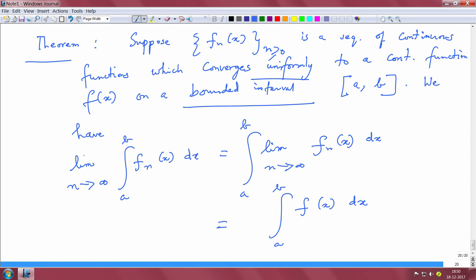Recall in one of the earlier examples when I took the integral of a continuous function and took the limit of that versus taking the limit of the function and then integrating it, there was a case when they were not the same, right. We looked into that example, and that was this tent function.